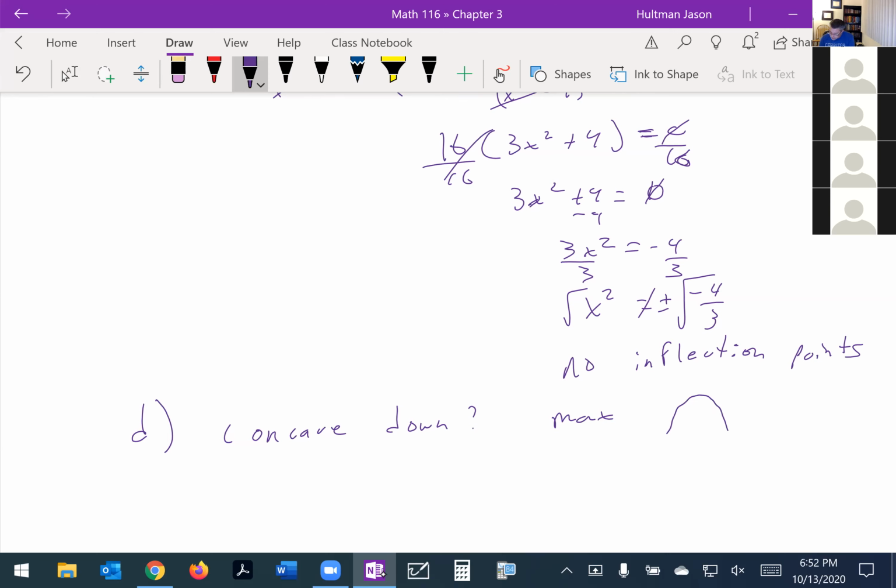At the top of the hill, right? If there's only one maximum and this thing never changes concavity, then isn't it always going to be concave down? Right? So this thing is concave down. We'll say C max. Max is going to tell you that it's concave down.